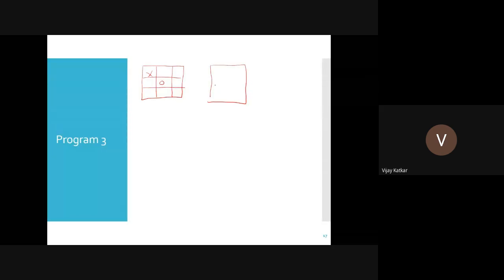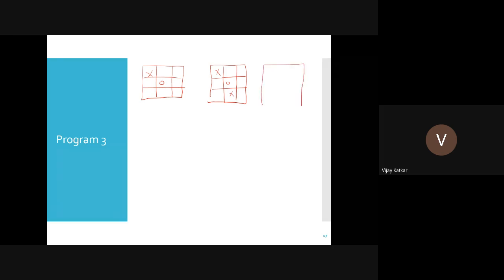For example, let's say the current board position is something like this. It's X, it's O, and let's say first X is done, second O is done. Now what are the most probable moves that the first player can make? The first possibility is he might write X over here.